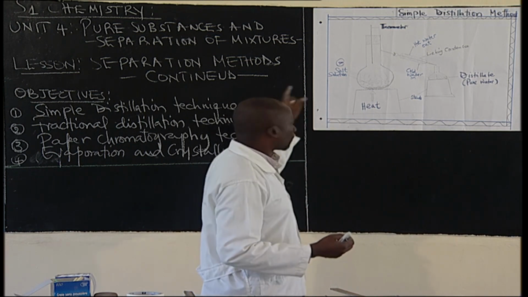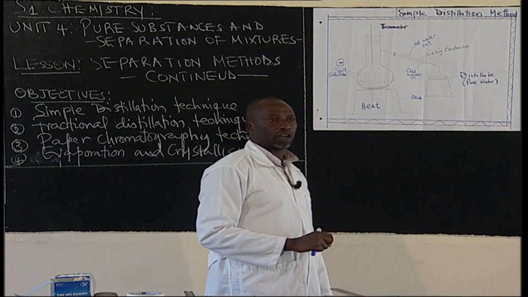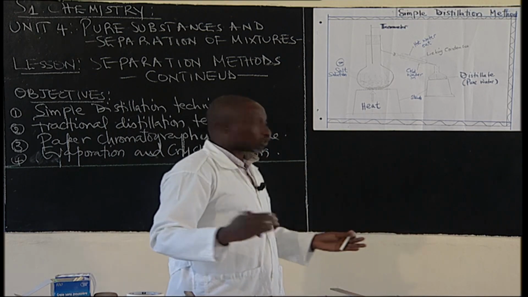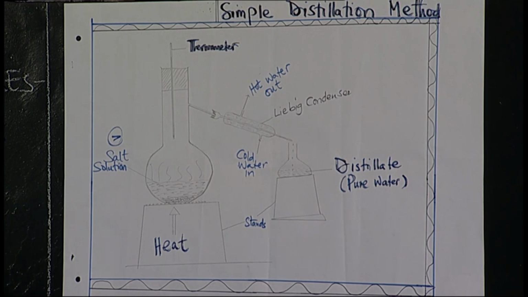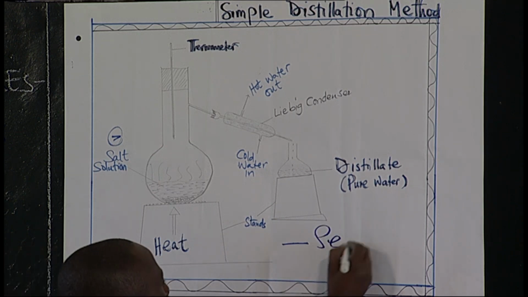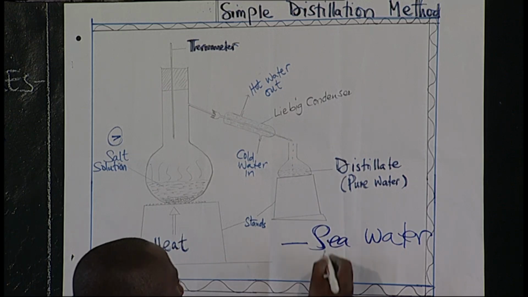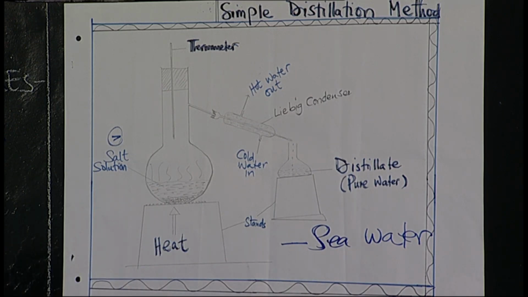Sea water is salty, so we are using simple distillation. The mixture we are looking at is sea water. You can use this method to separate the water from the salt that is dissolved in it.